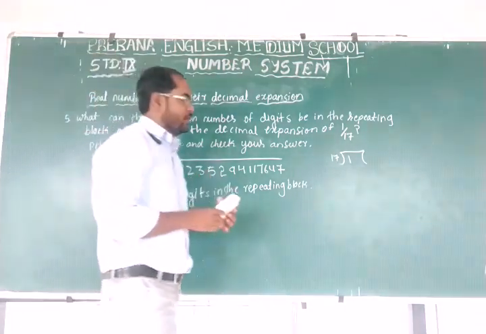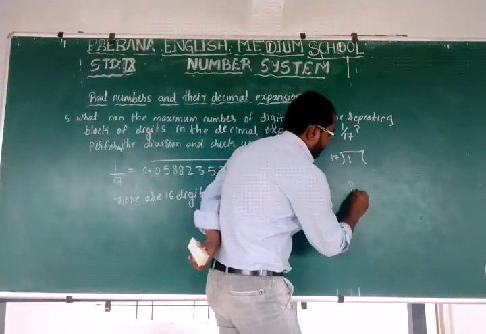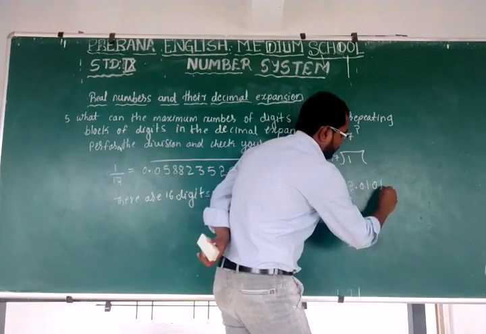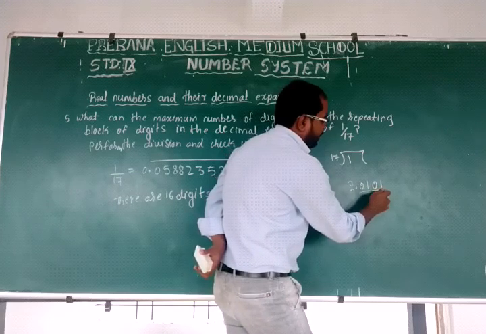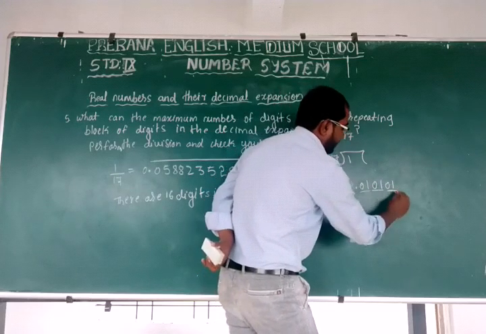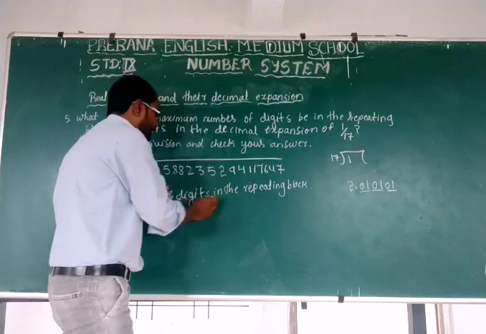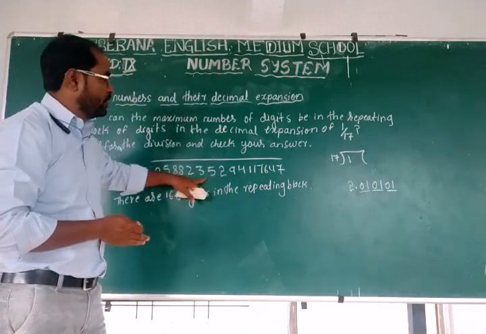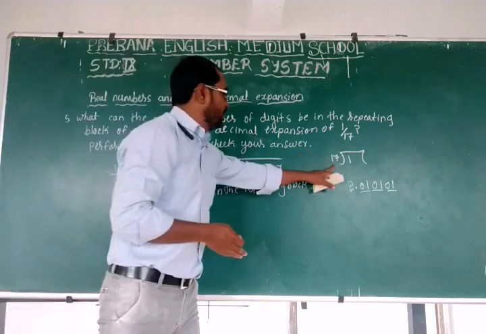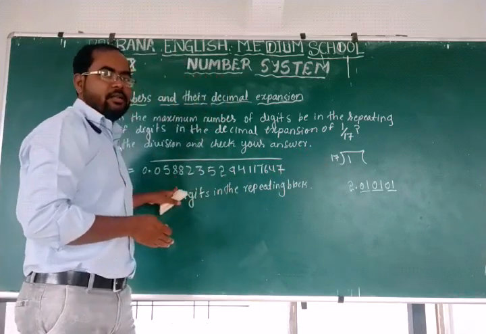So you understood what a block is here. For example, if I have taken 1, 0, 1, 0, 1, see here, there is a block of 2. After 2 digits, the same number will repeat. Here, after 16 digits, the same number will repeat in the quotient part. This you do the division and you will get the answer.